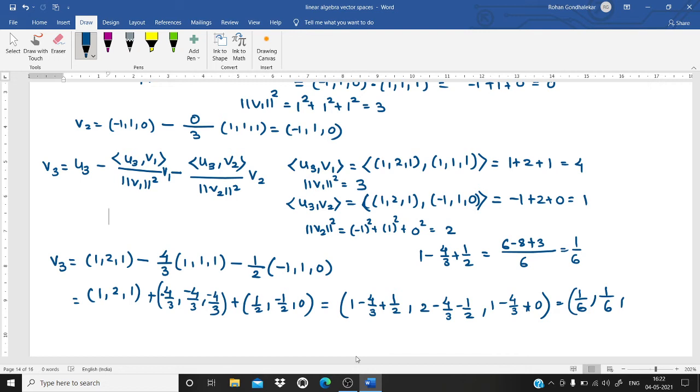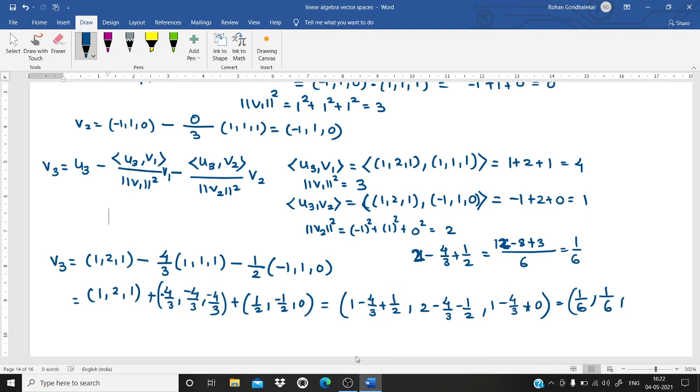We have lost somewhere. Wait, I'll correct the values. Yeah, fine. This is now 2. So here we get 12. So 12 minus 8 is 4 and 4 plus 3.